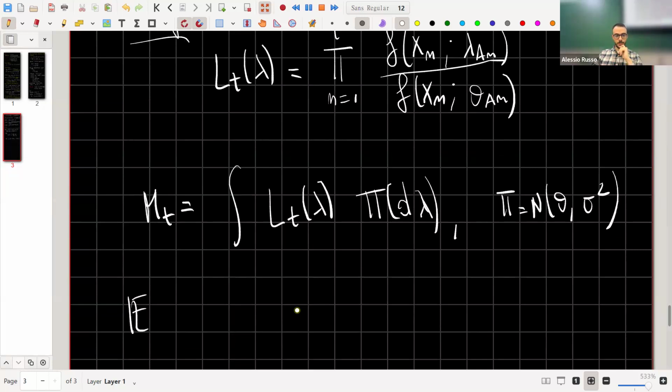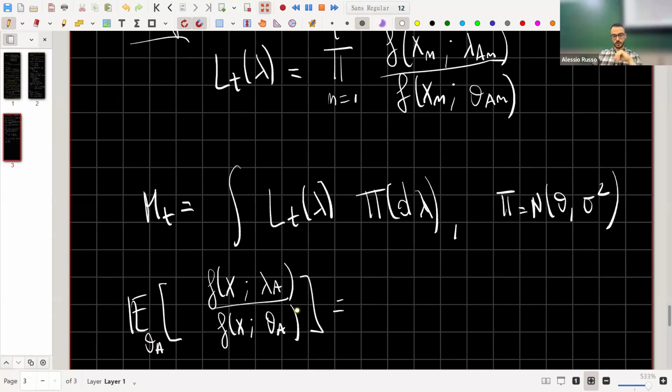To show that it's a martingale, we can simply look at the expected value of a single observation sampled from some action under the null hypothesis. So what is this?